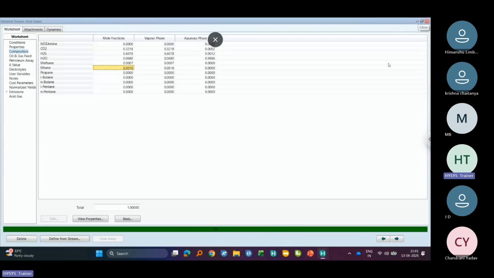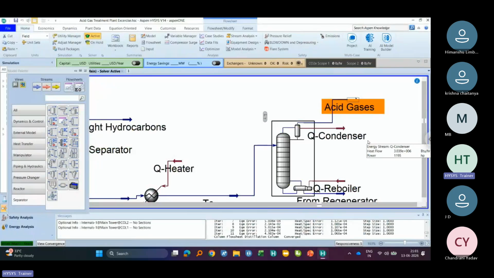Why is it happening? Because we have not yet put this system onto the recycle. In the recycle part, if you put this system on recycle, what happens exactly is it will keep on running the system, or it will keep on passing the things through that system.